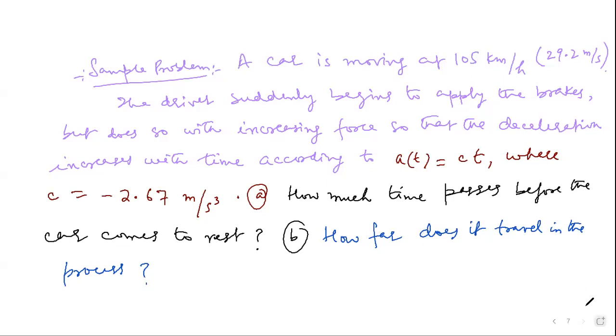So we do the solution. First, we take it to part A. So we need an expression for v of t so that we can find the time at which v is 0.